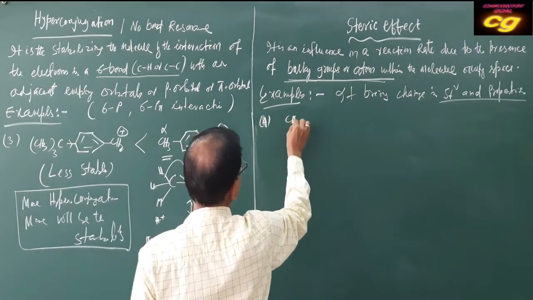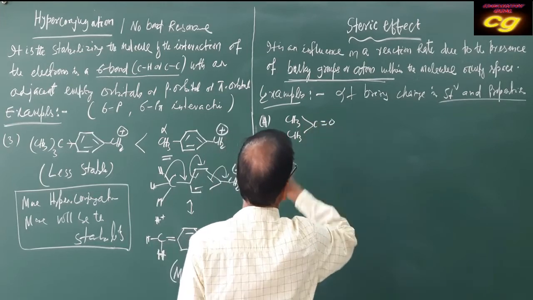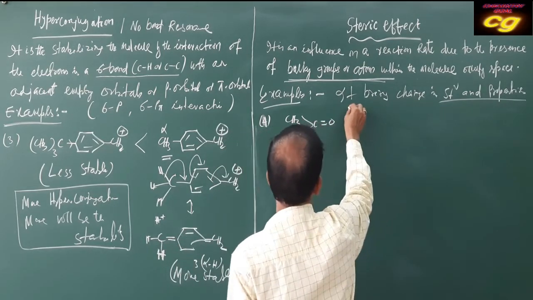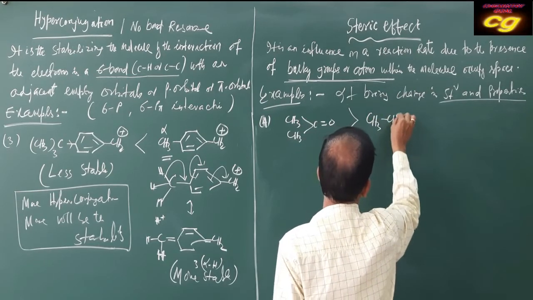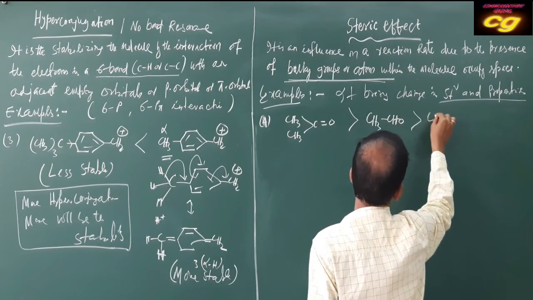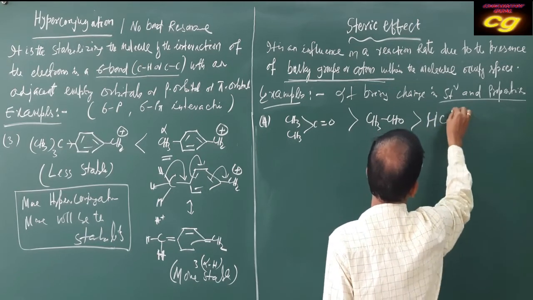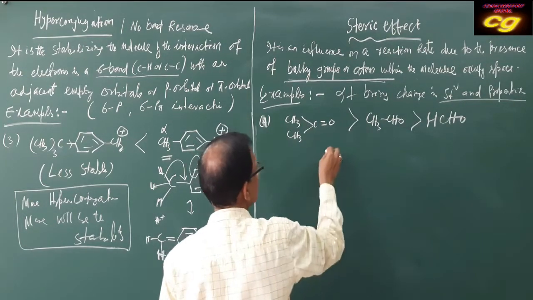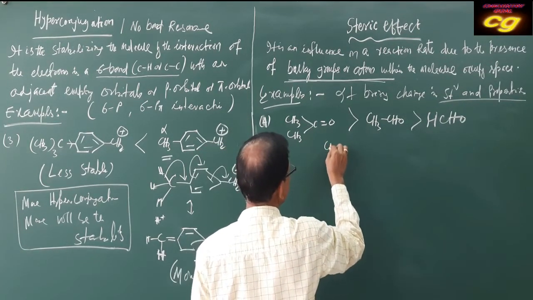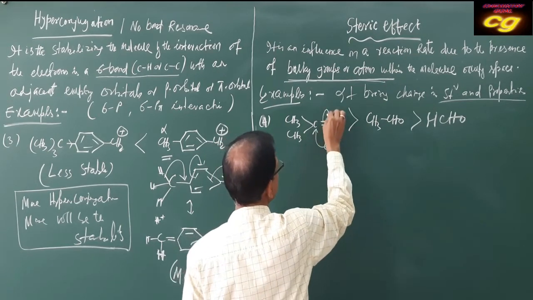Ketone is less reactive than aldehyde. In this reaction, suppose one nucleophile CN minus attacks, releasing this group.